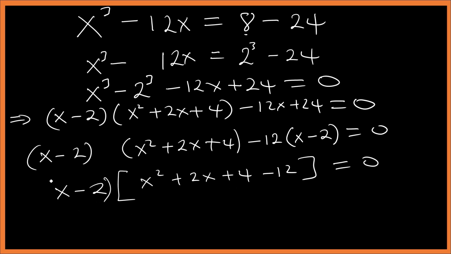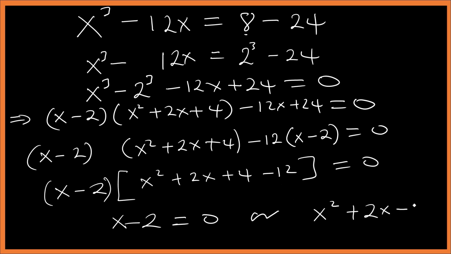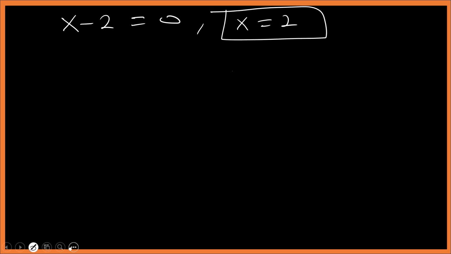So with the zero product, x minus 2 equals 0, or x squared plus 2x minus 8 equals 0 this side. So x minus 2 equals 0, x is 2. So the first solution is x equals 2.